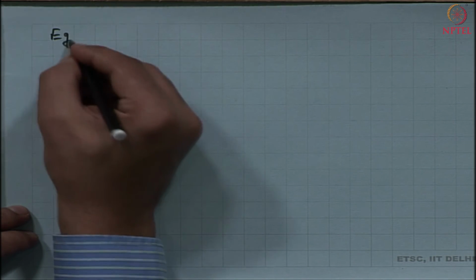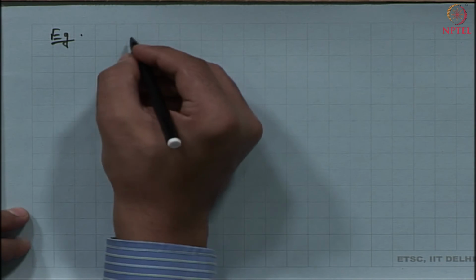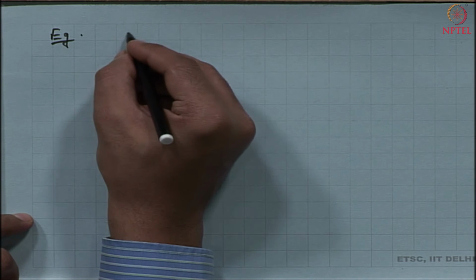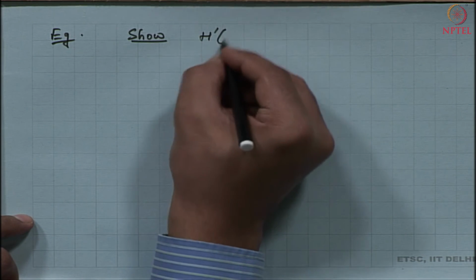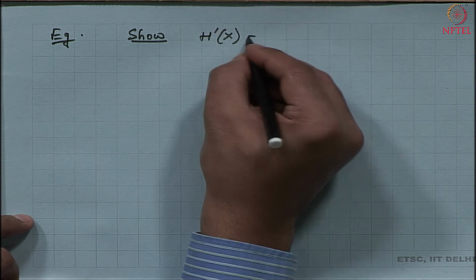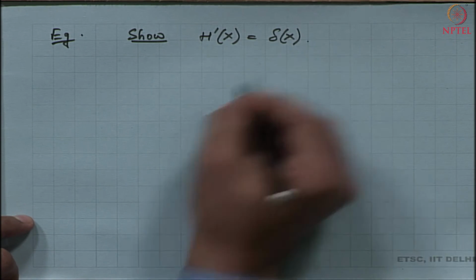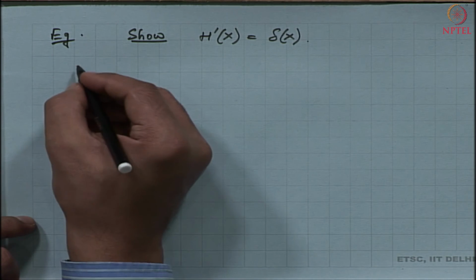So, in this example I want to show that the derivative of my Heaviside function is the delta function, right. So, how to show that?